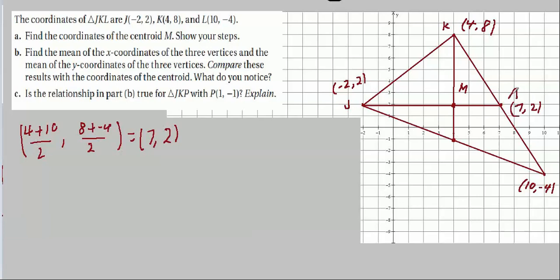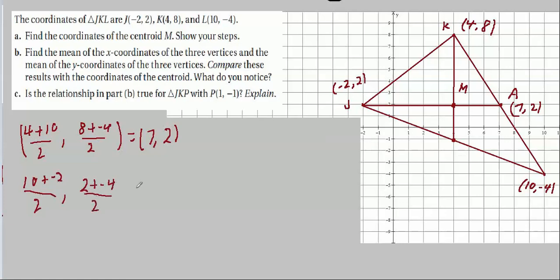What about down here? Well, same thing. Average of the x-coordinates is 10 minus 2, well, 10 plus a minus 2 if you like that better, over 2. And then we got 2 plus a minus 4 divided by 2.